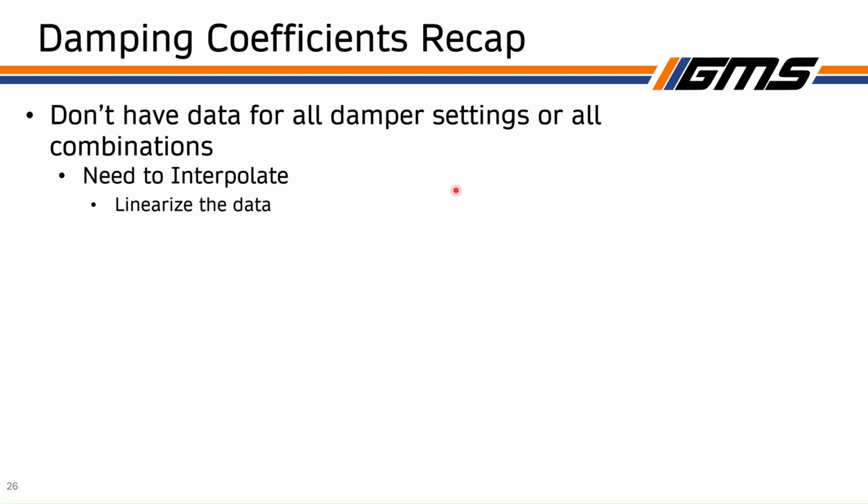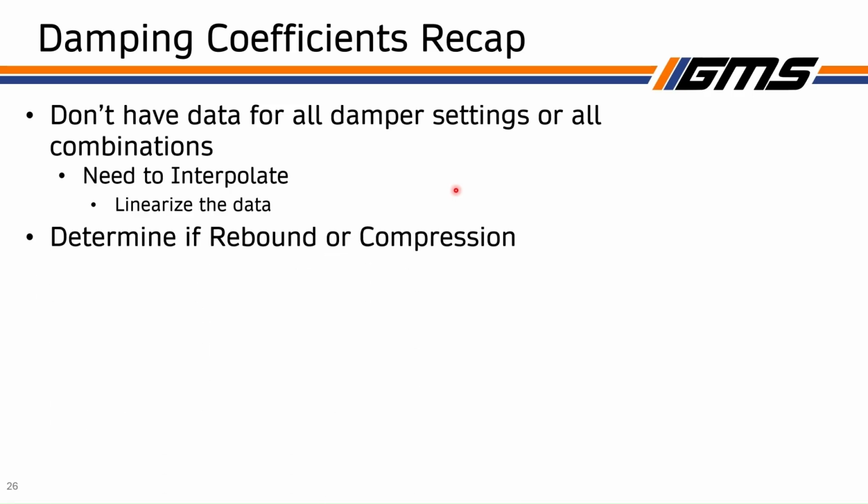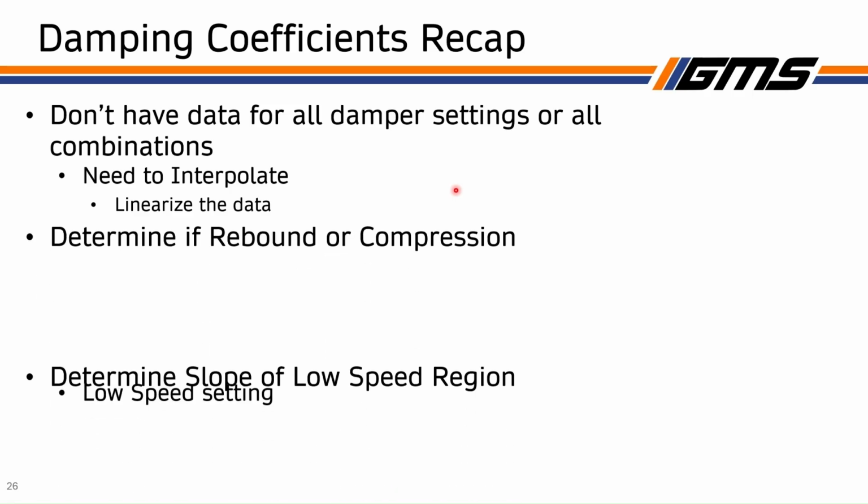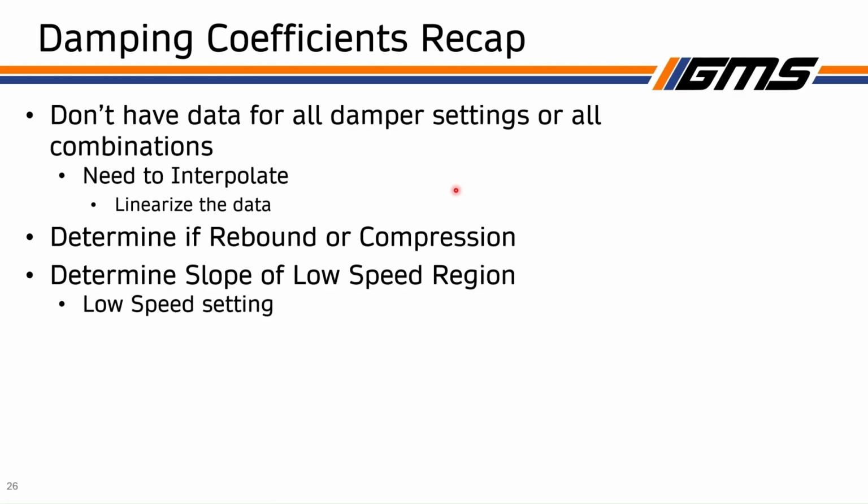Compression low speed, compression high speed, and then rebound low and high speed. So your logic process is going to be, let's figure out if we're in rebound or compression, and then let's assume that we're in the low speed region, because we don't know where the threshold is yet. Let's assume that we're in the low speed region and figure out the slope of that.